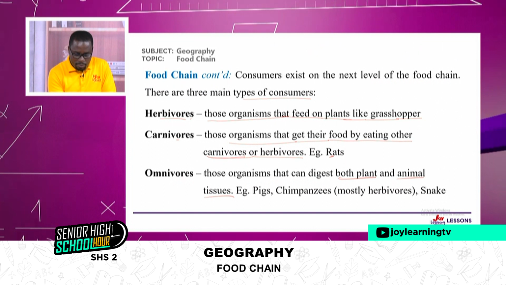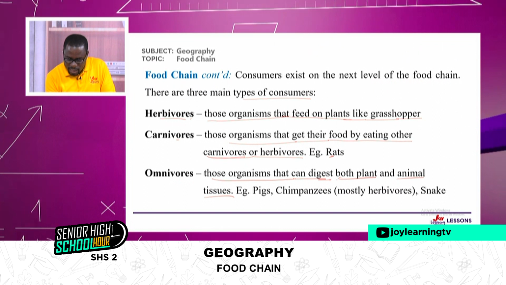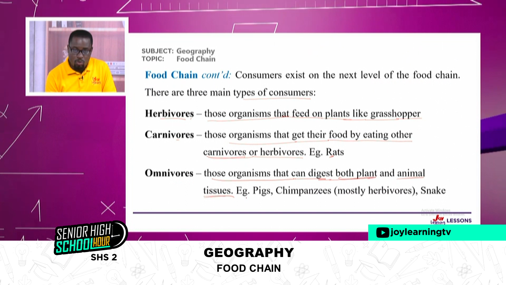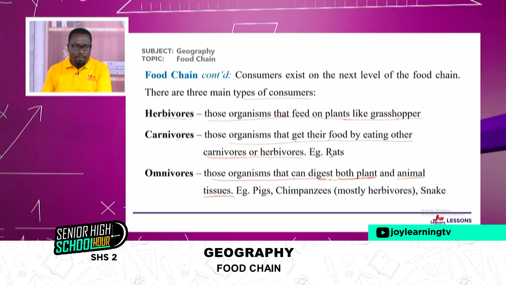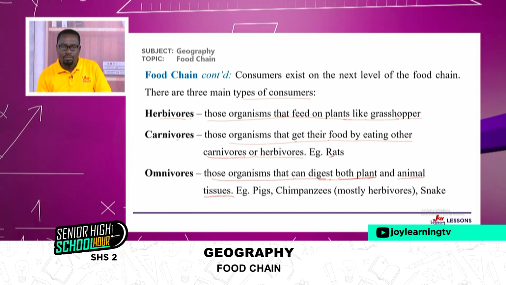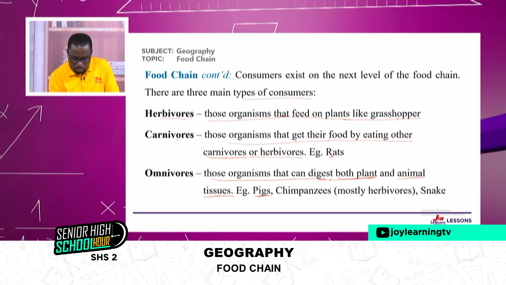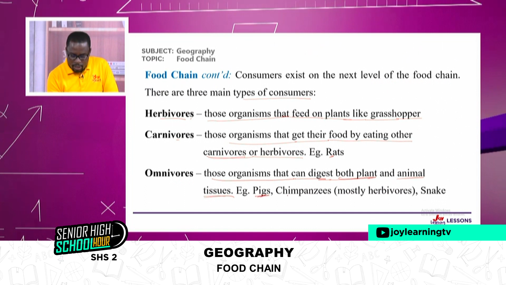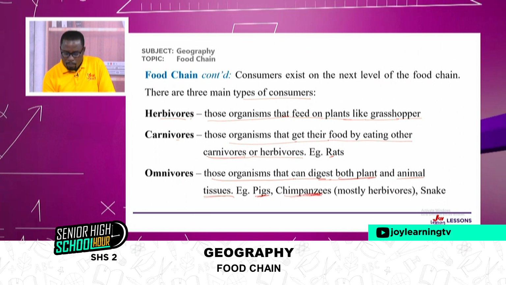Okay, now, so omnivores, once again, are those organisms that can digest both plants and animal tissues. It means they feed on both plants and feed on what? Animals as well. Both plants and animals. Examples: pigs. Okay? Chimpanzees, okay? Mostly herbivores.